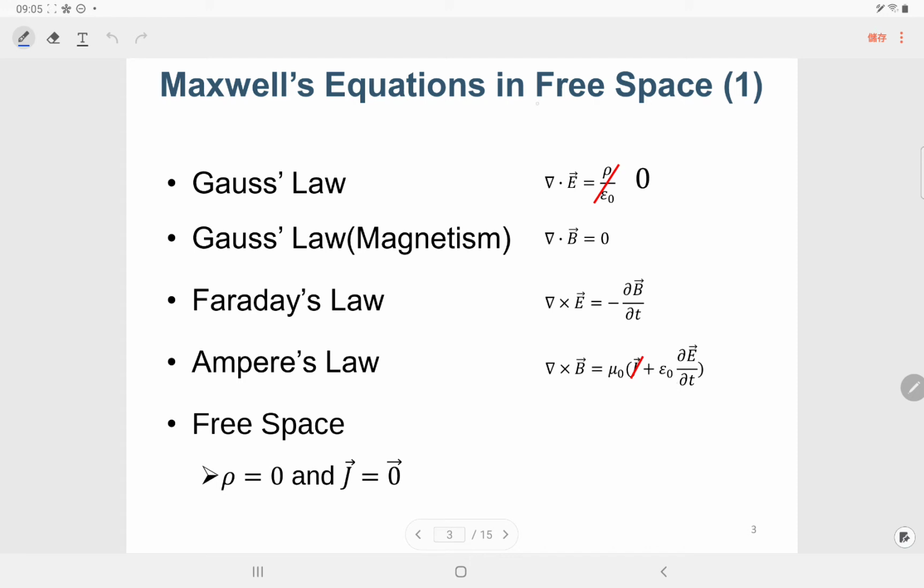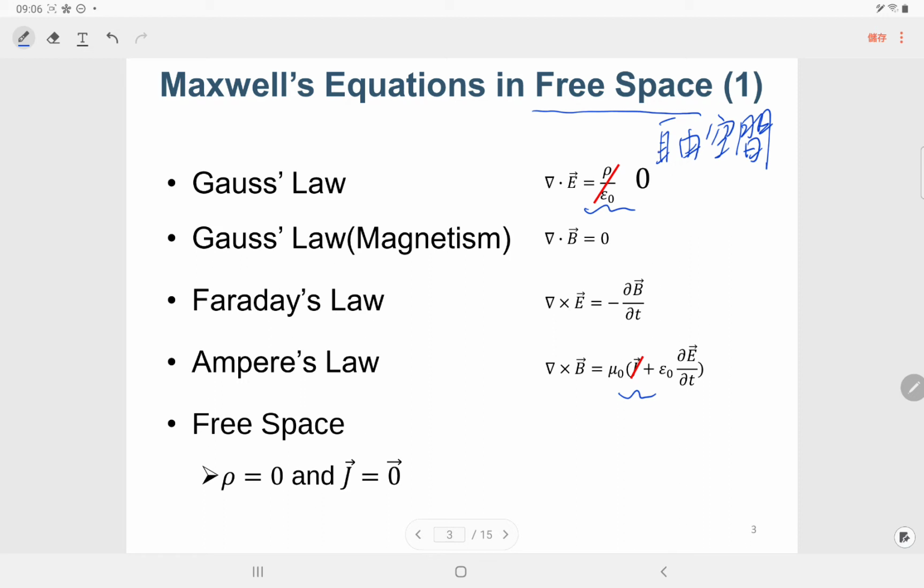Now we call it free space. This is called free space, which means that there is no charge and no current density, which means the space is actually free.